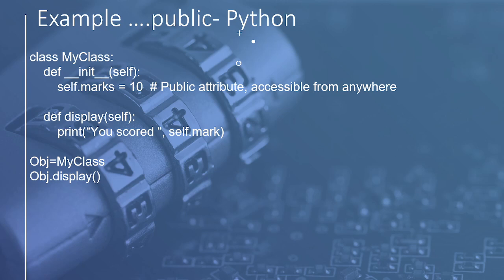Let me correct this, because the variable used here is marks, so it should be marks only, not mark. So let's make it marks. Okay, this is fine now. So self.marks will be accessed, because marks is the variable we have used in the class. So this is an example of public in Python.